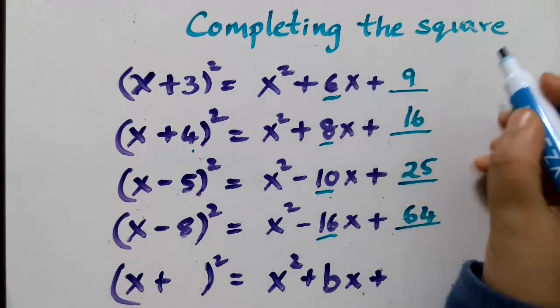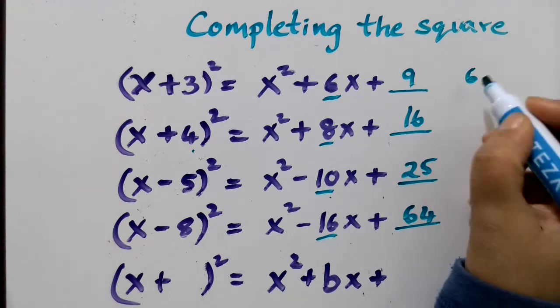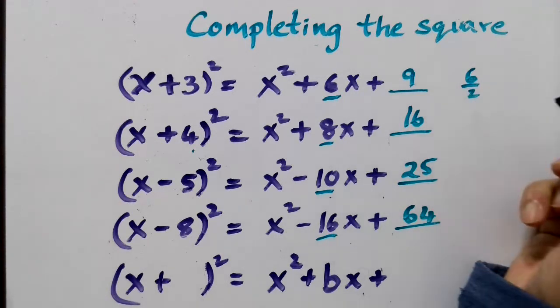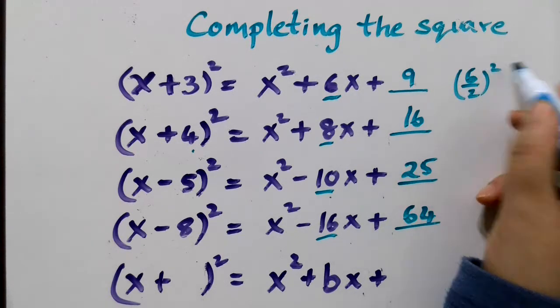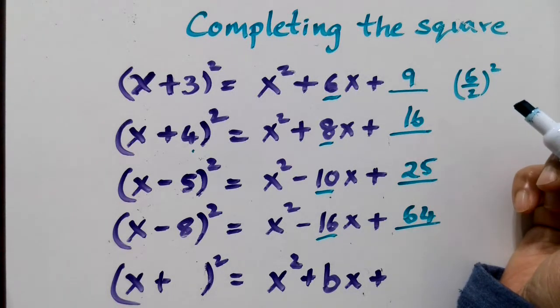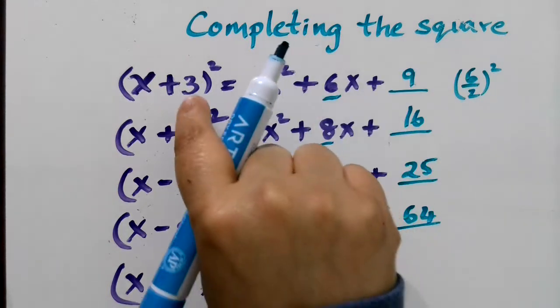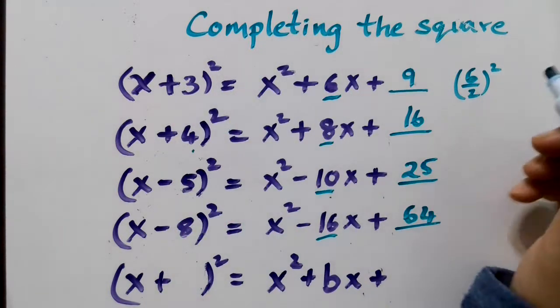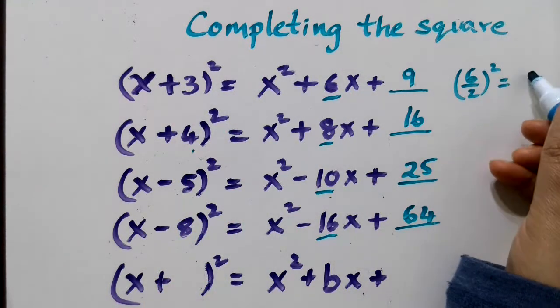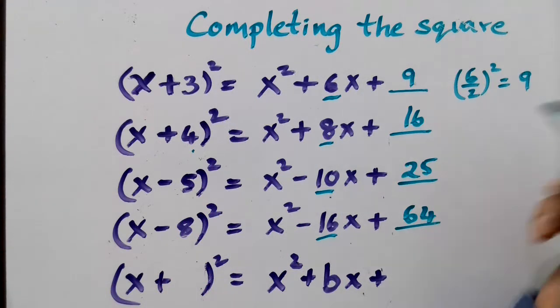If you take the coefficient of x, divide by 2 and square it, you end up with the constant. 6 divided by 2 is 3, which is the number we have here, and squared gives you 9.